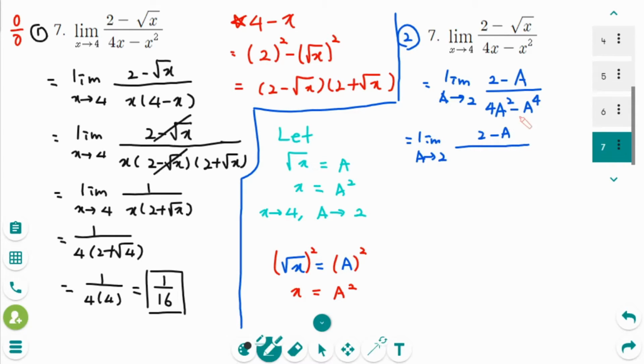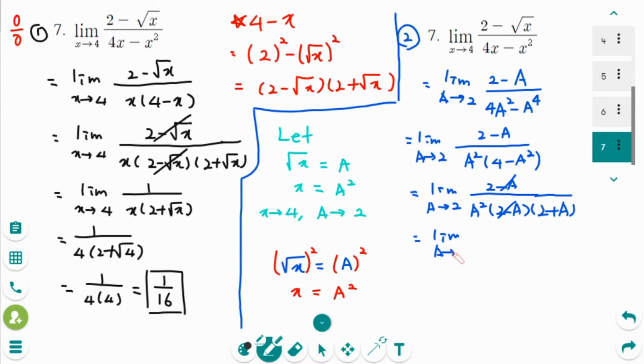And we can factor, take out a squared, then we can factor more. So 4 minus a squared becomes 2 minus a and 2 plus a. Then cancel the common factor.